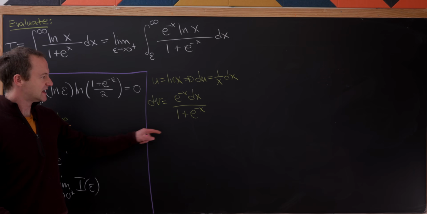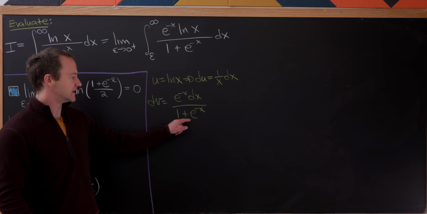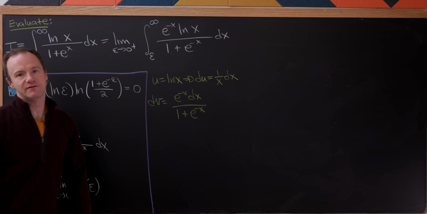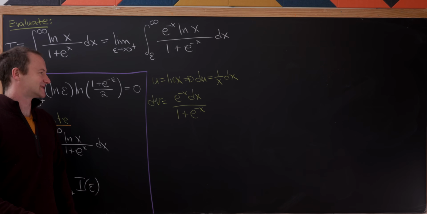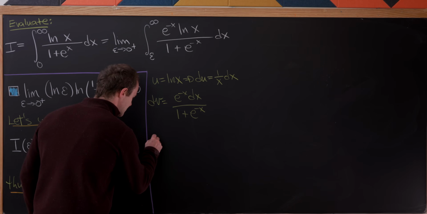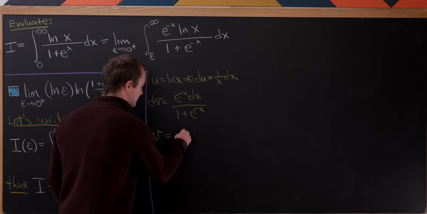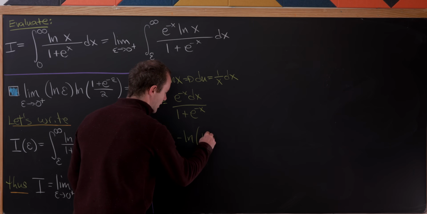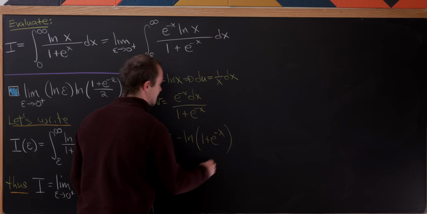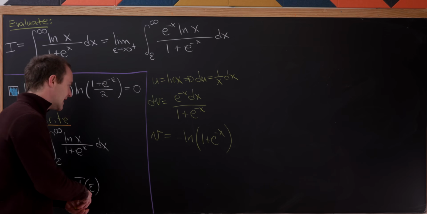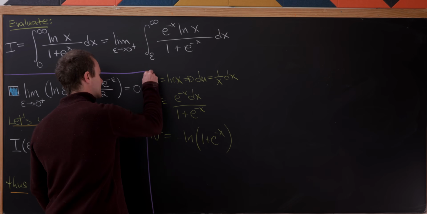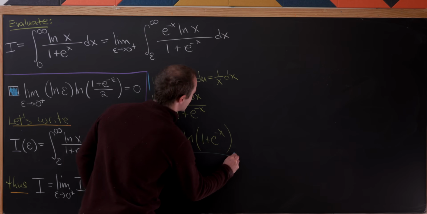And the motivation here is that we see the derivative of the denominator is inside of the numerator. Well, up to a sign, I should say. That means that this thing has a nice antiderivative, which is minus natural log of 1 plus e to the minus x. And that sorts out our whole integration by parts setup.